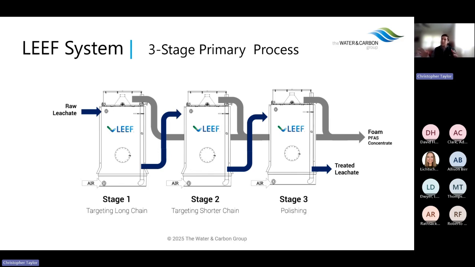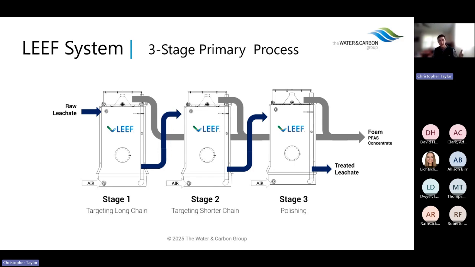So I mentioned the 3 stages. You have stage 1, stage 2, stage 3. In stage 1, you have all of your PFAS compounds, be it long and short, in there. But when you're trying to fight for surface area space on bubbles, or foam rather, your long chain compounds are going to take up that space a lot easier because of the longer tail than the shorter chain compounds. So I think of it as almost like nature, right?